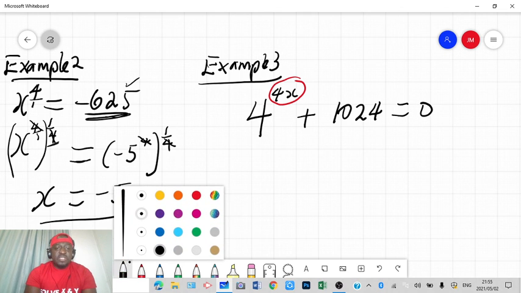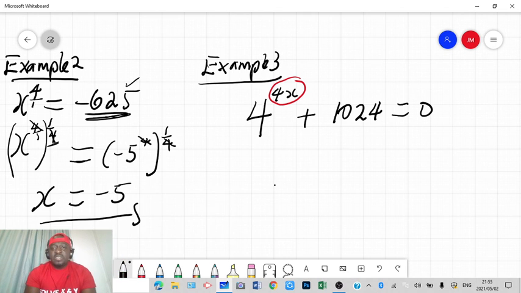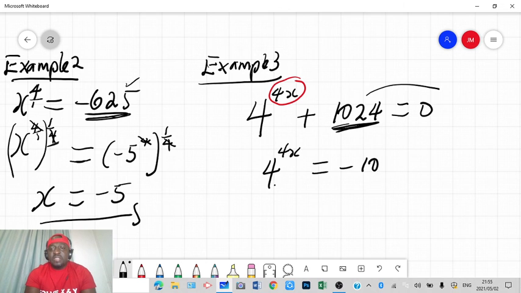So if it is possible, we must be able to change this number to a base that will give us a solution. So here I would rearrange this, move this to the right, it becomes negative, and look out for a base of 4 that will give you the 1024.